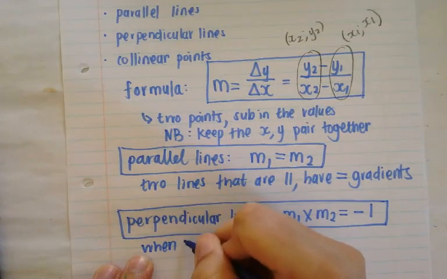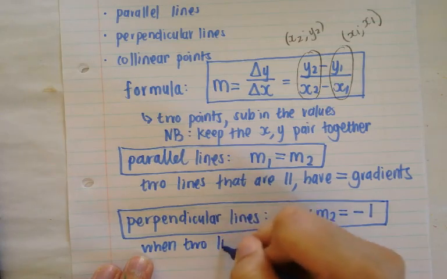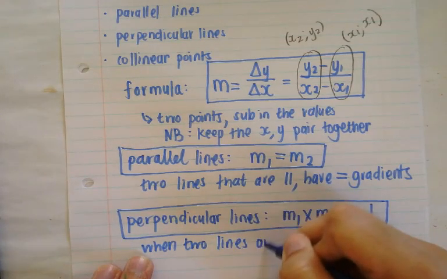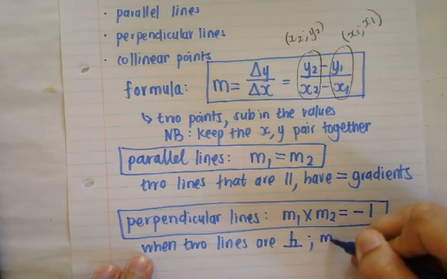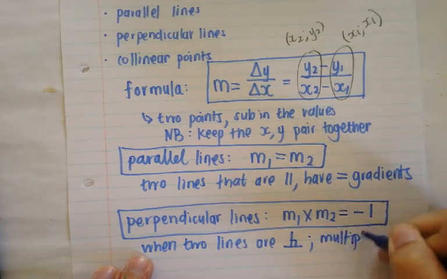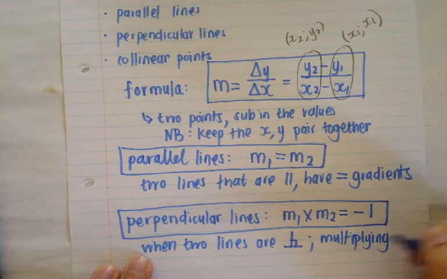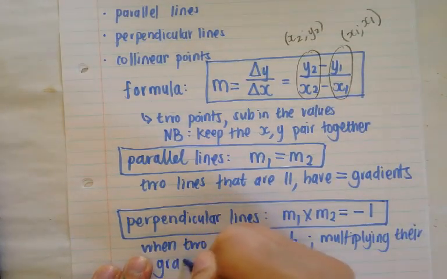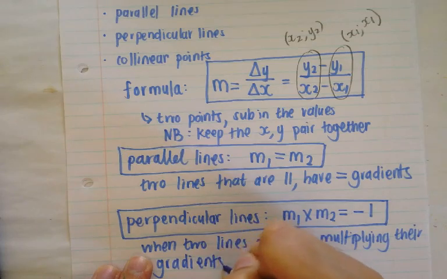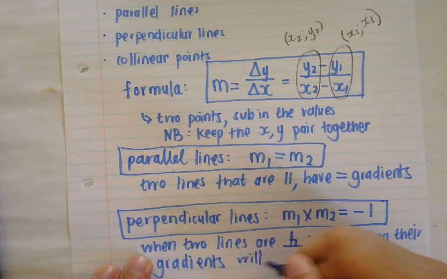When two lines are perpendicular, multiplying their gradients will always equal negative 1.